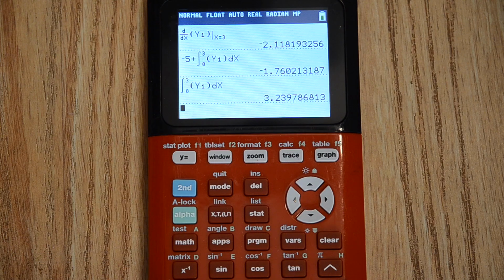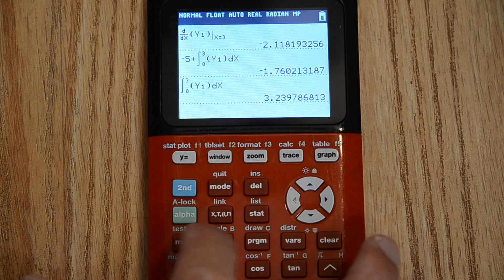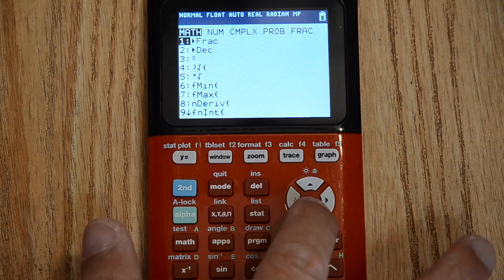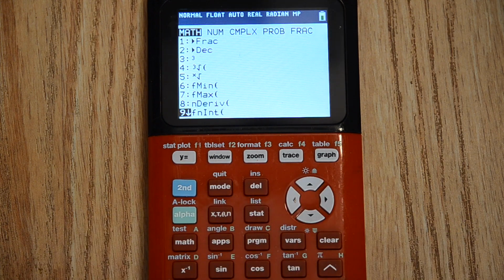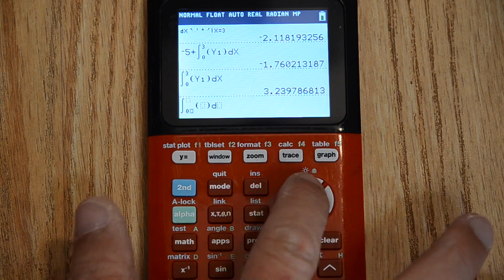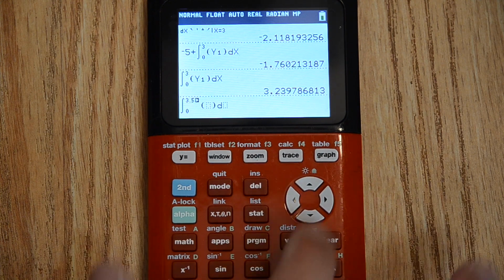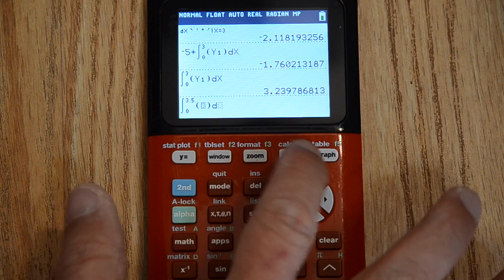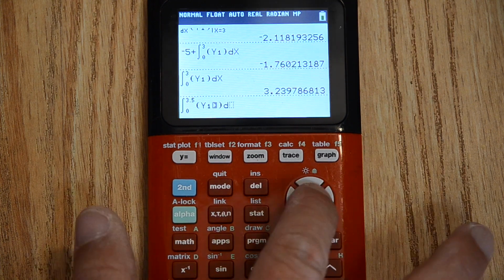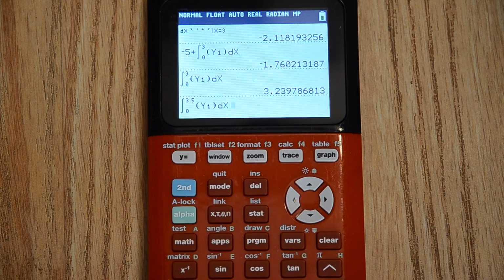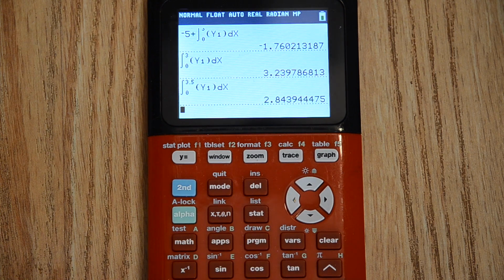So for part C, we want to find the definite integral between 0 and 3.5. So math, numerical integral, lower limit of 0, upper limit of 3.5, have that function stored in y sub 1 with an integration with respect to x, because that's all we can put in our calculator, at least, unless you're doing parametric functions.